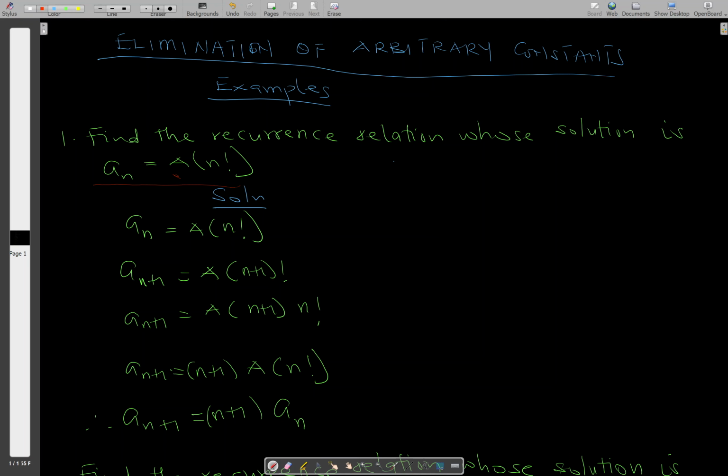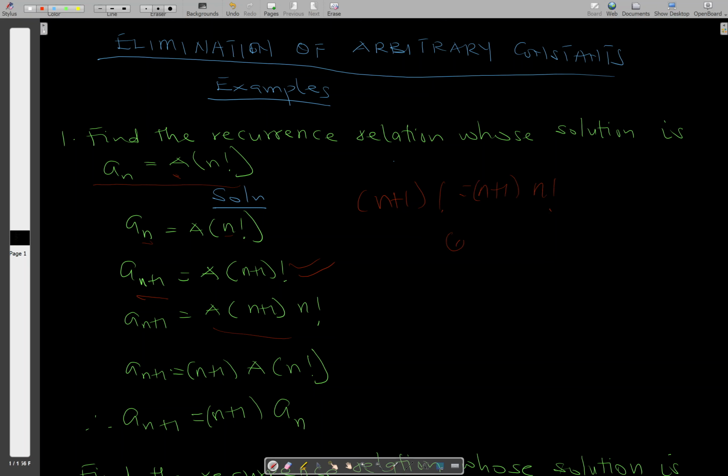Okay, so let's find the next term of this solution. The next term will be a subscript n+1, so we just replace n by n+1. When we do that, we obtain this. And a times (n+1) factorial is just the same as, because when you have (n+1) factorial, it's just like (n+1) times n factorial.